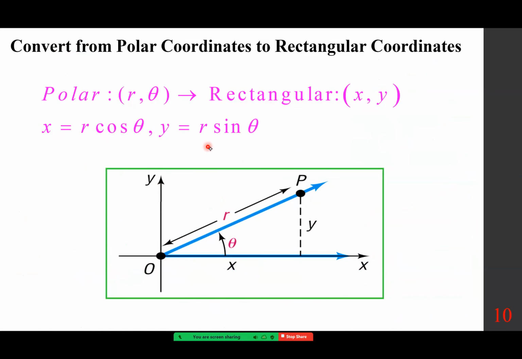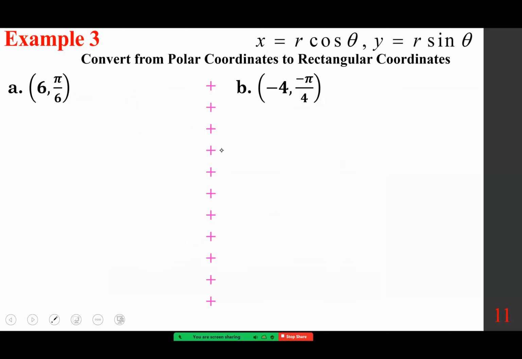It's that simple. So this point has coordinates r theta or x comma y, and here's the relationship among those. We want to convert from polar coordinates to rectangular coordinates, and again, x is r cosine theta and y is r sine theta.